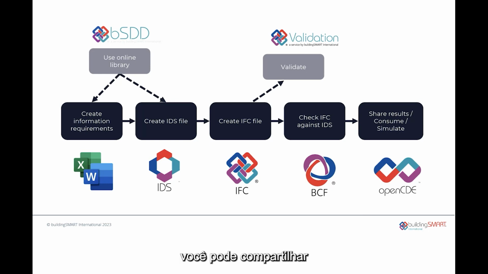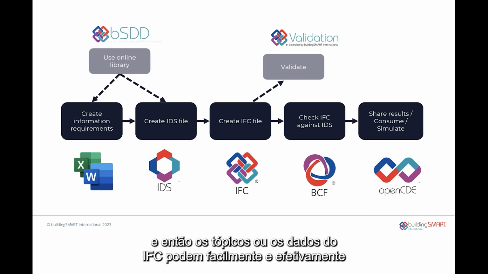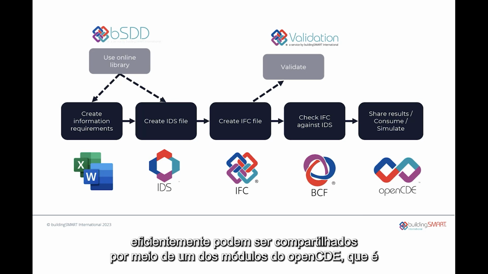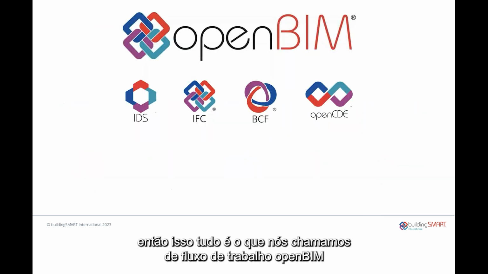You can exchange issues or topics to discuss using the BIM collaboration format, and then the topics or the IFC data can very easily, effectively, efficiently be shared through one of the openCDE modules, which is the umbrella term we use for the API standards from buildingSMART. So together, this is what we call the openBIM workflow.